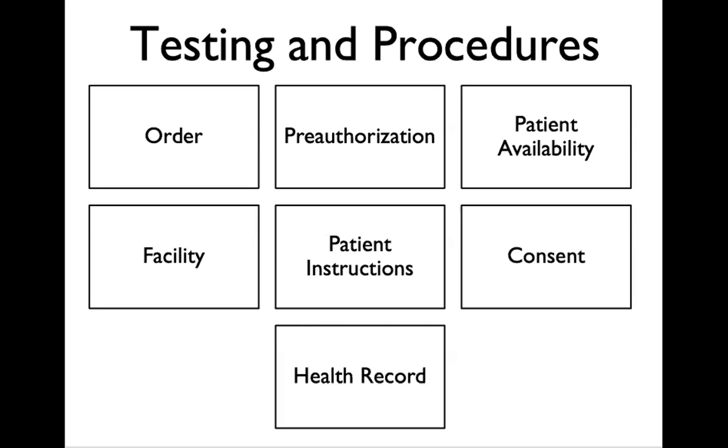Now, when the test has been scheduled, we have to make sure we take care of all of the consent forms. If there are any instructions that we need to give the patient, we will give the patient. We oftentimes ask the patient to repeat the instructions back to us because that is the way that we know that they understood the information that we gave them.